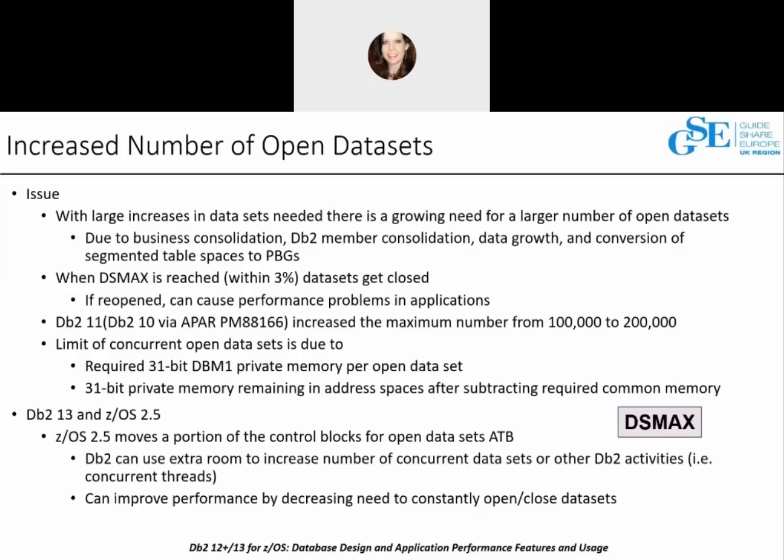Now in version 13 with z/OS 2.5, there have been some more improvements in memory, and more control blocks have moved above the bar. That allows us to have more concurrent data sets open. Therefore, the limit has been increased from 200,000 to 400,000 open data sets. And this area of memory that has been relieved also allows more concurrent threads, as we'll discuss later.